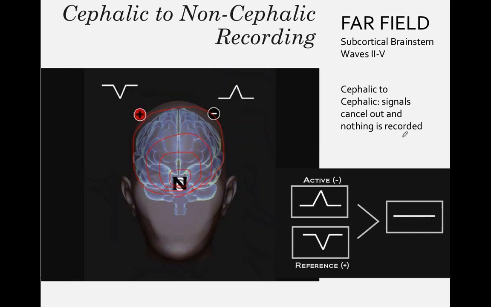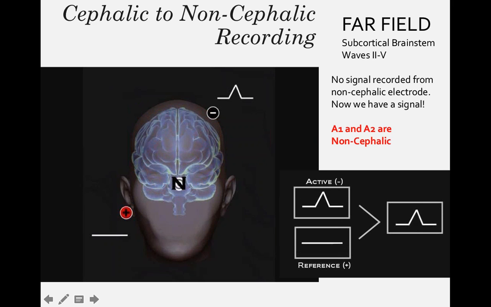So when we are recording waves 2 through 5, it has to be done with the cephalic to non-cephalic recording. And this is what that represents. A1 and A2 are considered non-cephalic, and CPZ is the cephalic recording. So our montages are going to be C1 or C2, reference to CPZ, and then the other one, we're going to have our CV, our cervical potential, which is also a non-cephalic electrode, reference to CPZ.